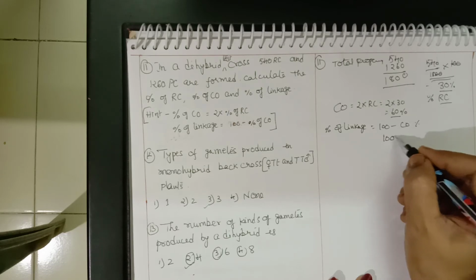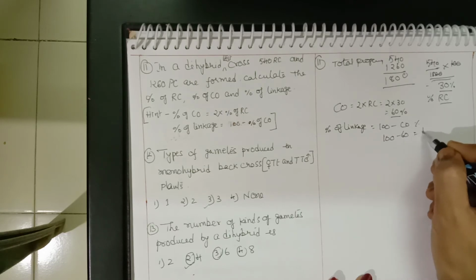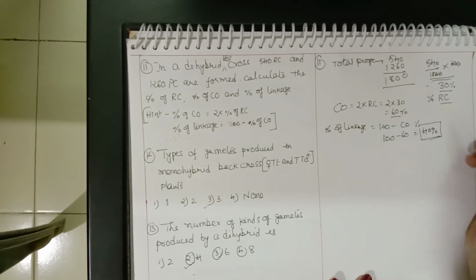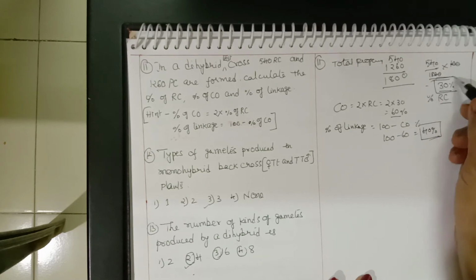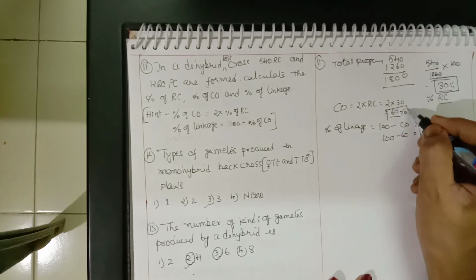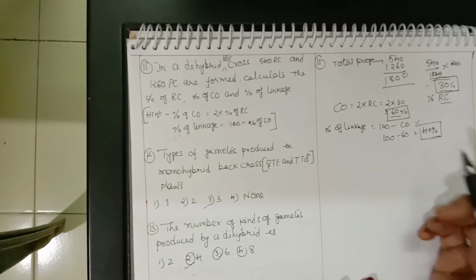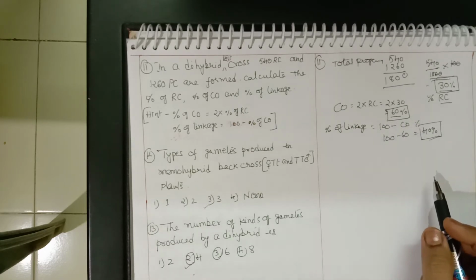So 100 minus 60 will be 40%. So 40% is the percent of linkage, percent of recombination is 30, and percent of crossing over is 60. So by simply using this formula you can calculate.